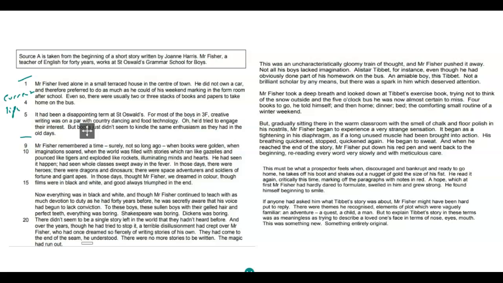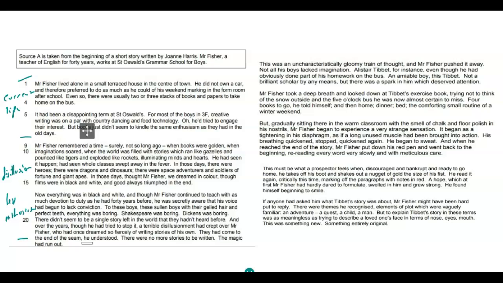This next section is about his disillusionment, and in a way his waning enthusiasm for his job.